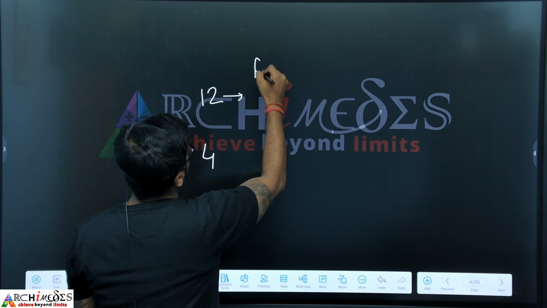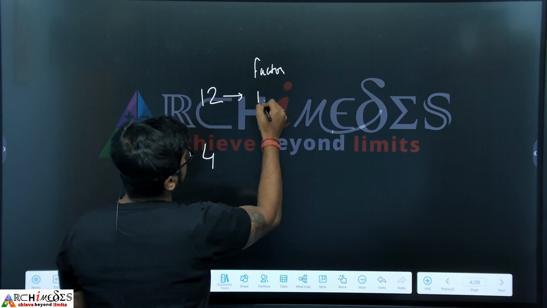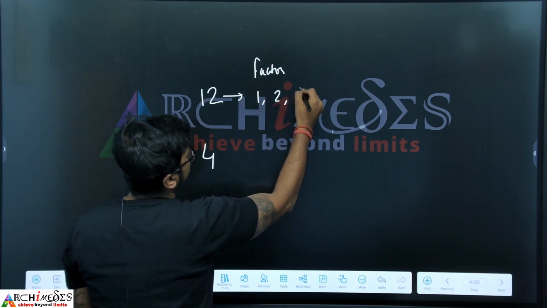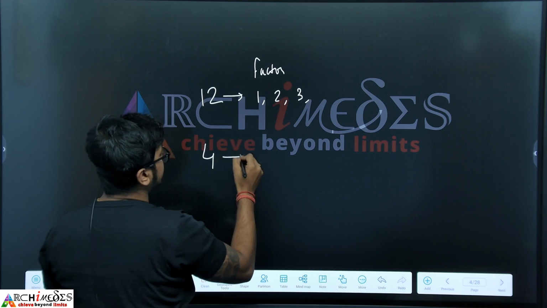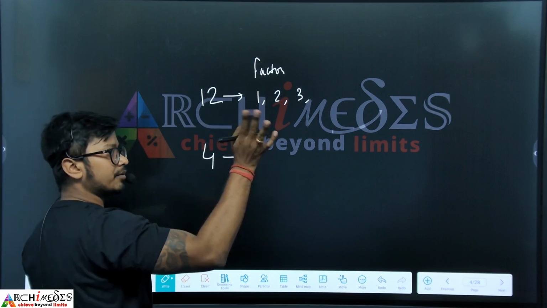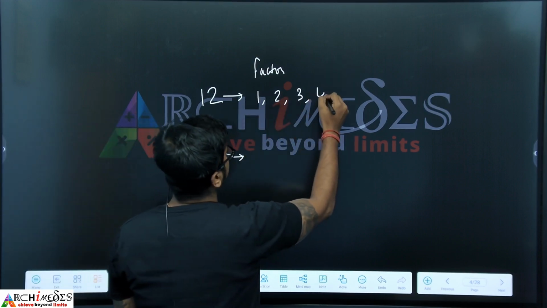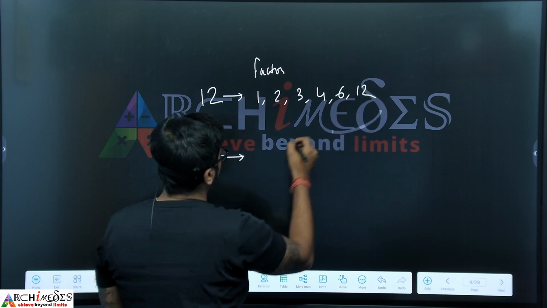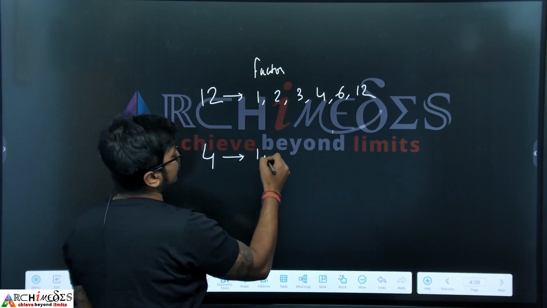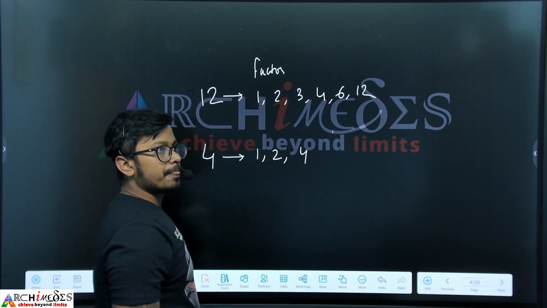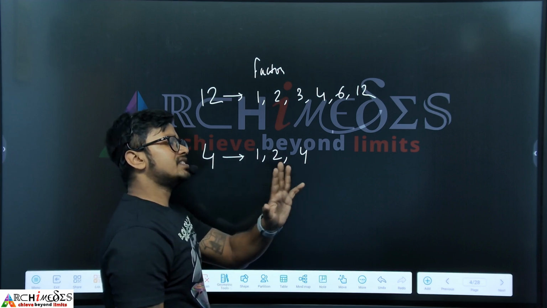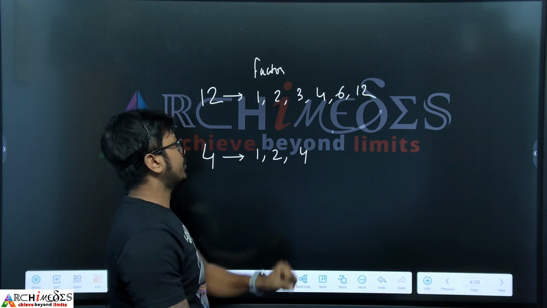So 12 and 4. First write down all the factors. Factors of 12, forget about prime factors: 1, 2, 3, 4, 6 and 12. And the factors of 4: 1, 2 and 4. Yes or no? I'm giving a basic approach so that your base will be strong.